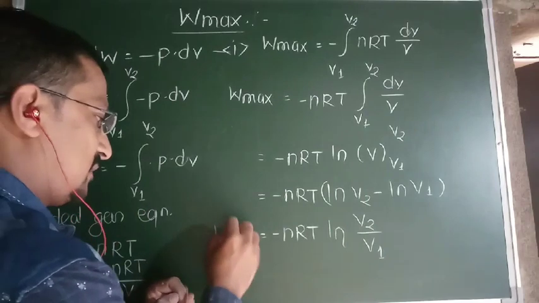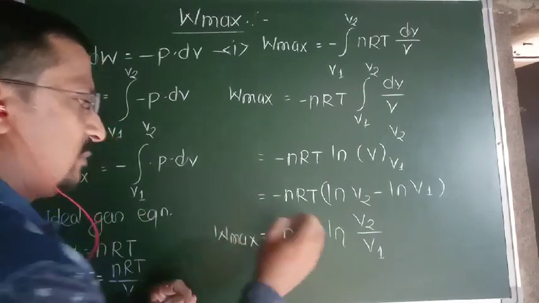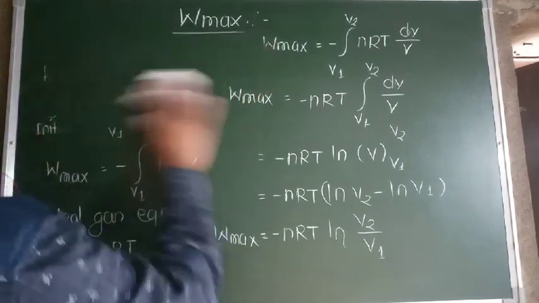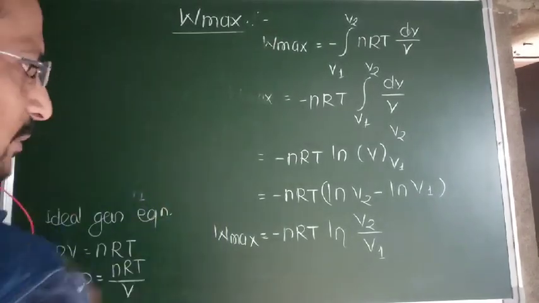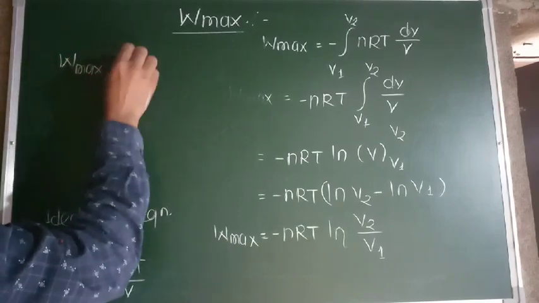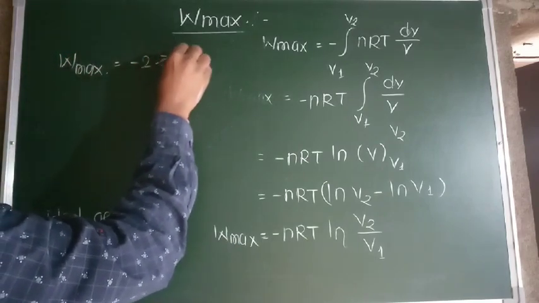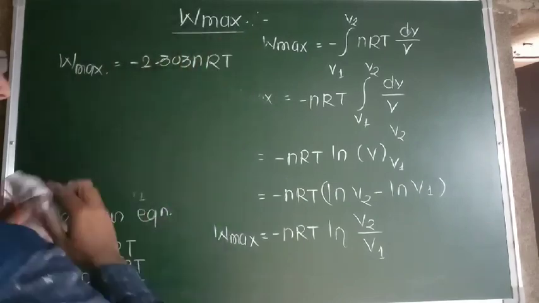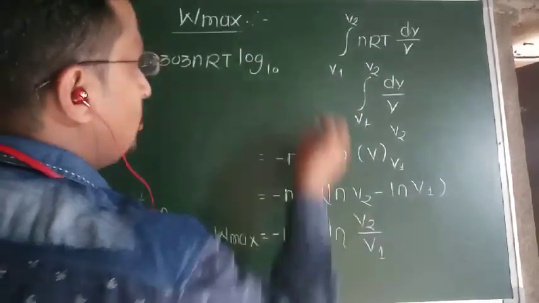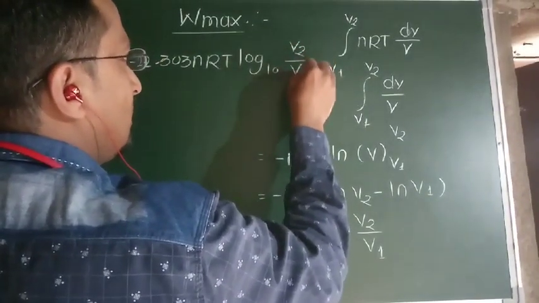So W max is equal to minus nRT ln of V2 by V1. If you convert the natural log to the log to the base 10, it should be multiplied by 2.303. So W max is equal to minus 2.303 nRT log to the base 10 of V2 by V1, isn't it?